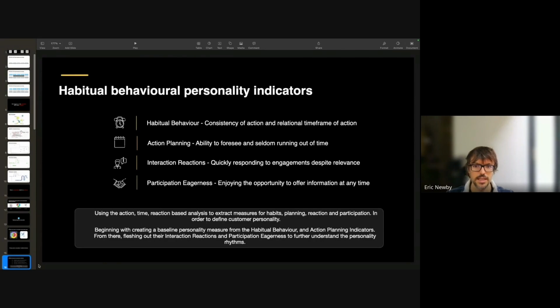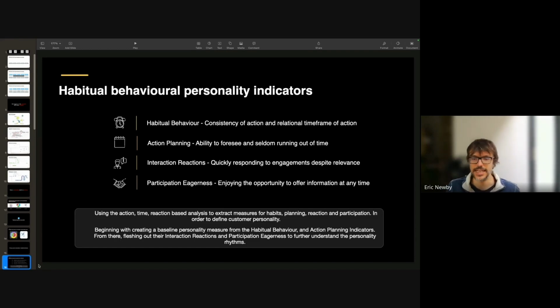Cool. So another example of finding those indicators and mapping that to personalities, and this is used in the interaction personality construct, in people's transactions, trails of transactions with you.